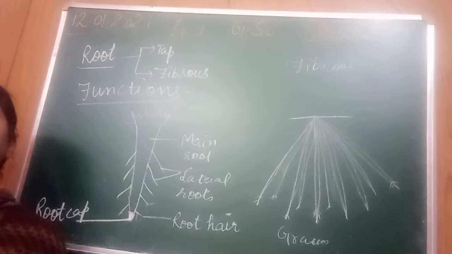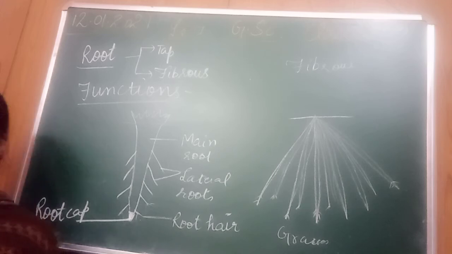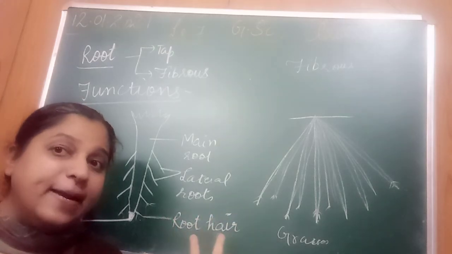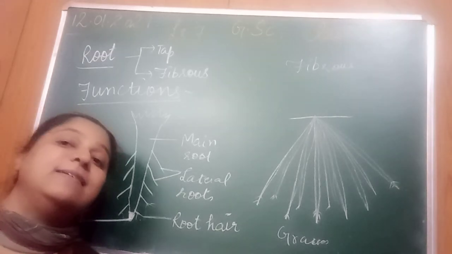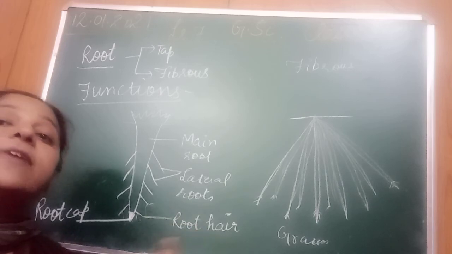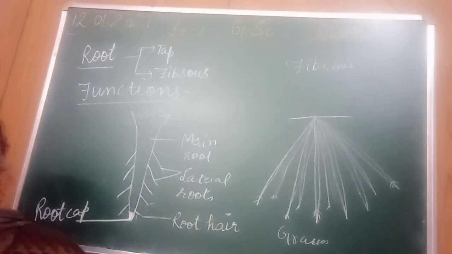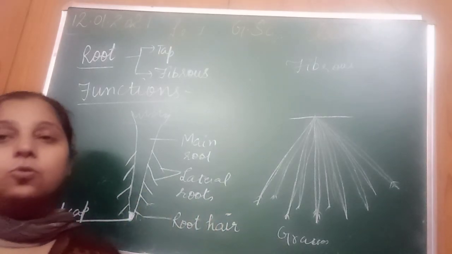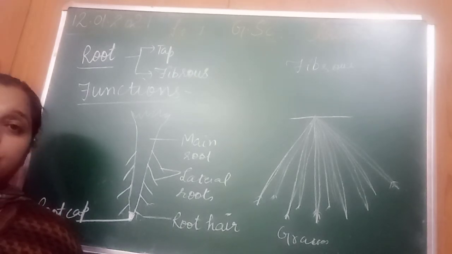With the help of the root, the plant is held firmly in the soil. Because roots hold the plant firmly in the soil, they prevent soil erosion. So, roots are helpful in preventing soil erosion.